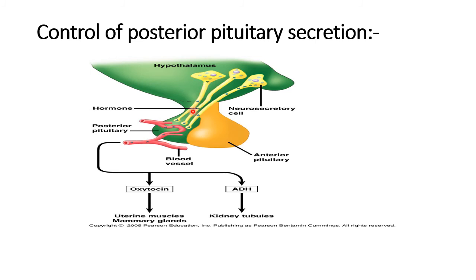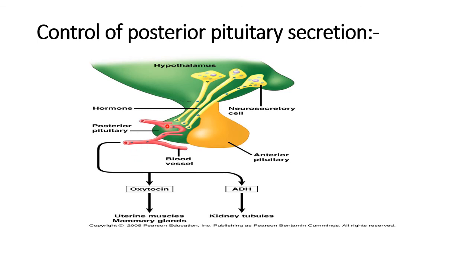This tract transports the hormone to the end of the axon terminal. Okay, so these are the hormones that are transported, and those hormones are diffused into the plexus. This is known as the capillary plexus of the infundibular process. These plexuses are formed by the inferior hypophyseal artery. Okay, so the hormones reach these plexuses, and these plexuses transport the hormone into the hypophyseal vein.